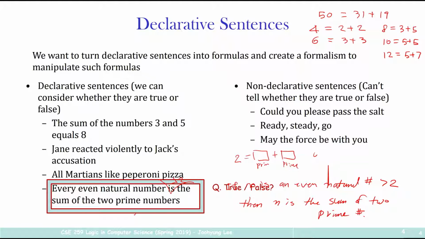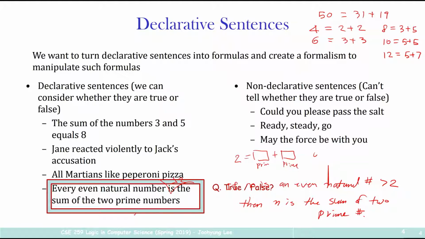So why don't we just try these things? I showed some of the numbers work, right? So can we just continue this and this can be a proof? There are infinitely many, so what is the issue?